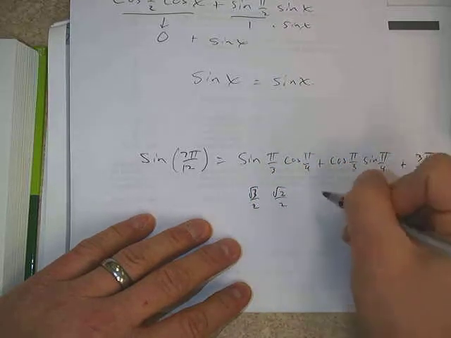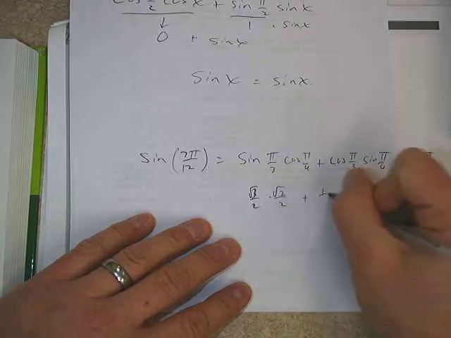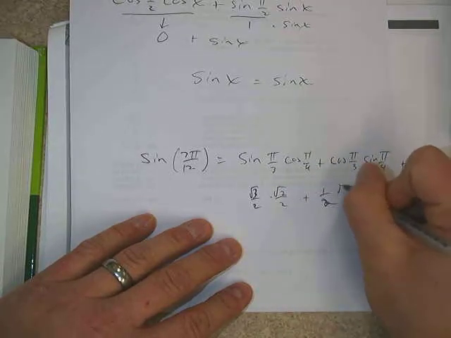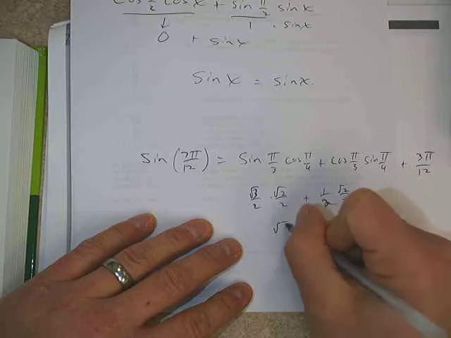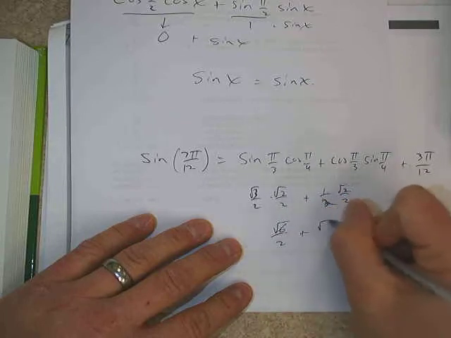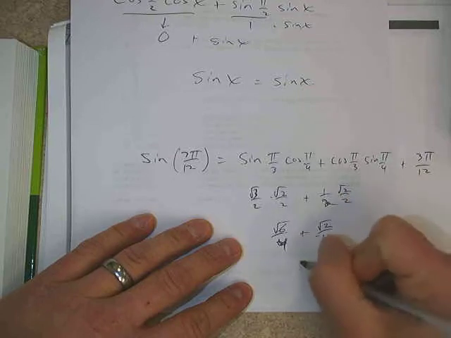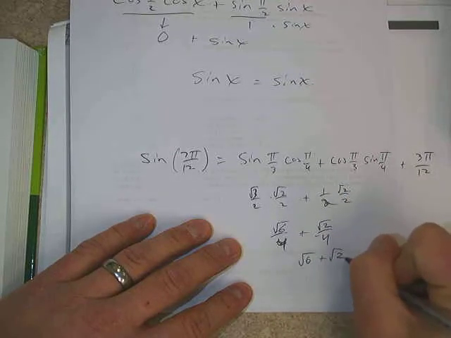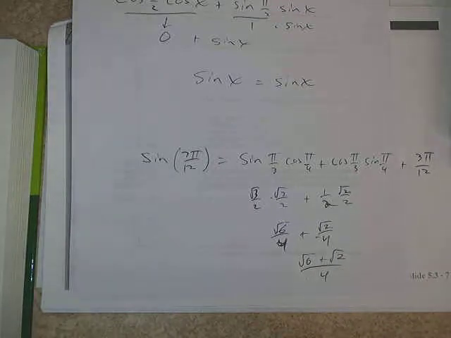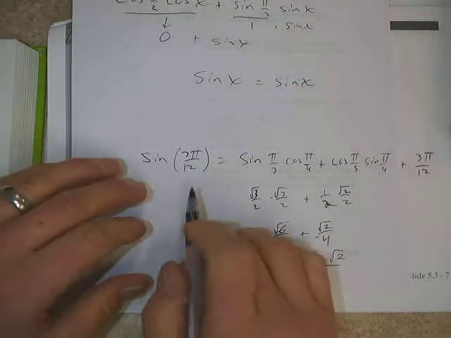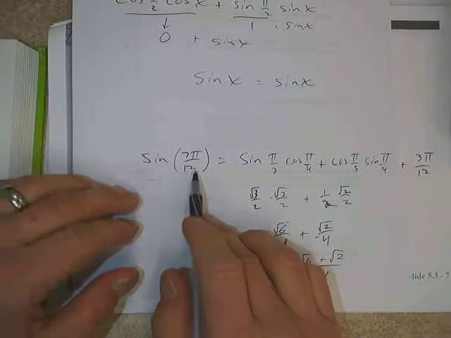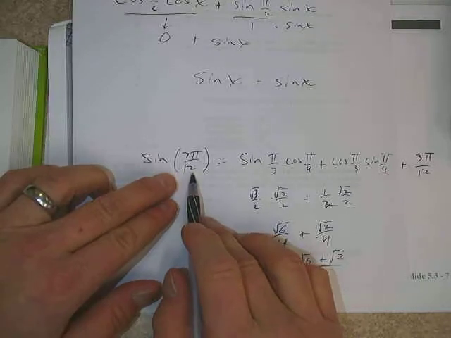And with that said, we can go ahead and fill in the blanks here. We know sine of pi over 3 is a half, or excuse me, radical 3 over 2, I should say. Cosine is radical 2 over 2. Cosine of pi over 3 is a half. Times radical 2 over 2. And so you'll notice that in this case we get the exact same answer as we got in the previous problem. We got radical 6 over 4, radical 2 over 4, which gives us radical 6 plus radical 2 all over 4.